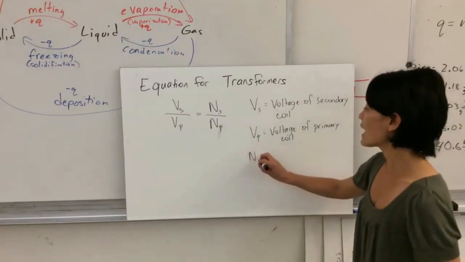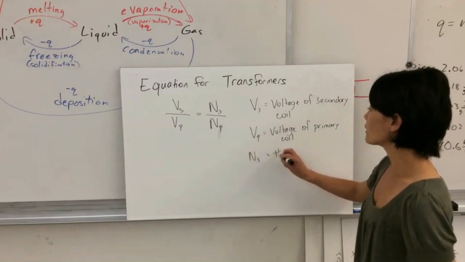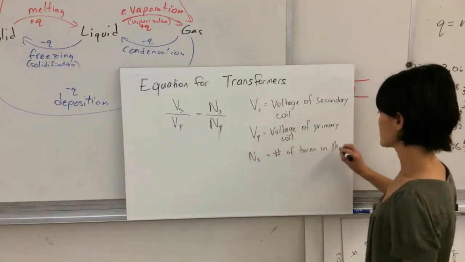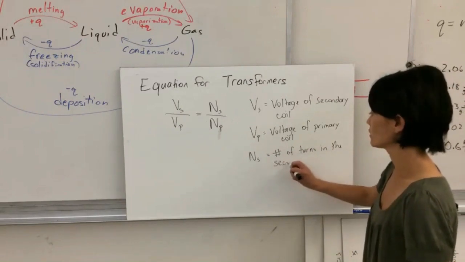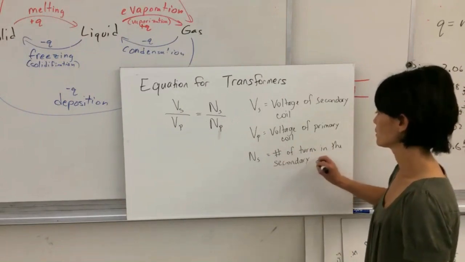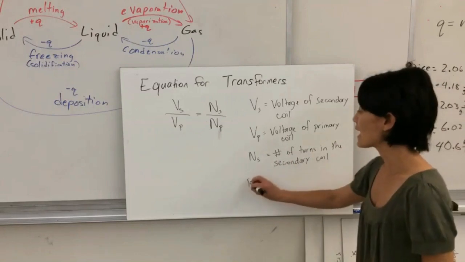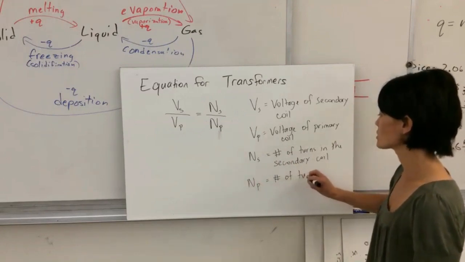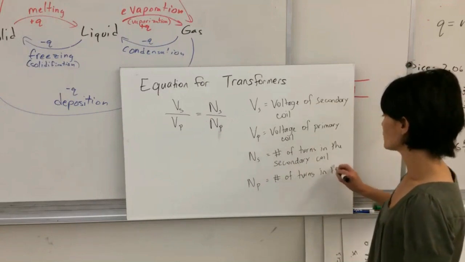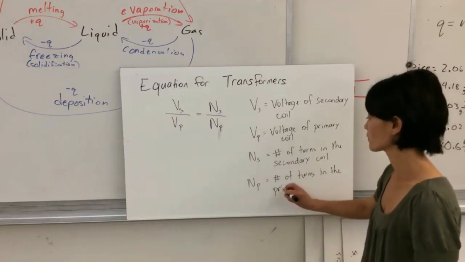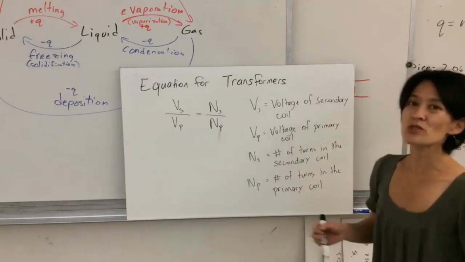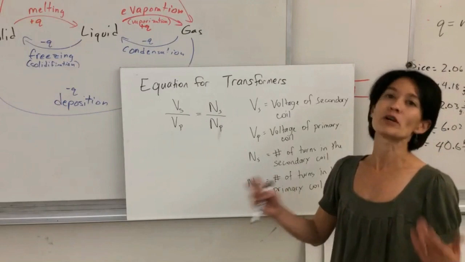And then Ns is the number of turns in the secondary coil, and Np is the number of turns in the primary coil. So that's where that relationship comes in terms of how much wire there is.